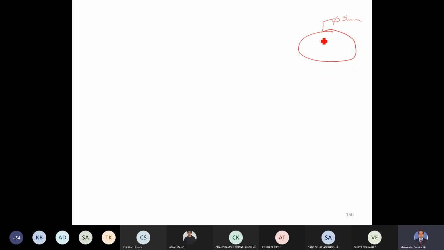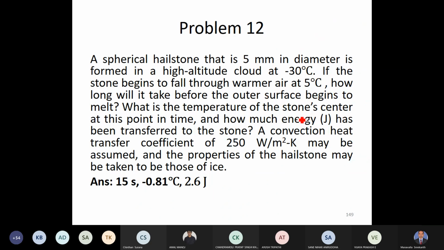The initial temperature is minus 30 degrees Celsius and the ambient temperature is 5 degrees Celsius. The heat transfer coefficient is given as 250. Okay, that's pretty much what we have.